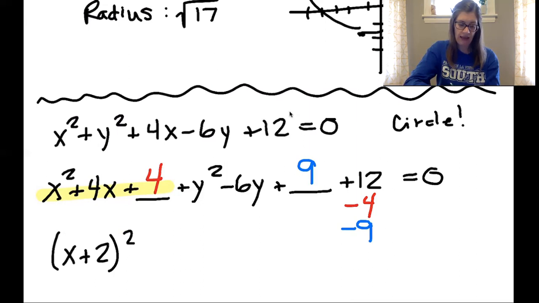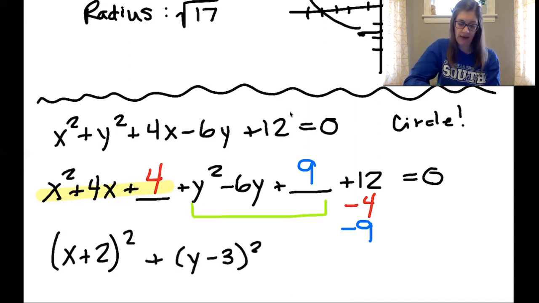And then the y squared minus 6y plus 9 will factor out to be y minus 3 times y minus 3, and I can write that as y minus 3 quantity squared. And then I kept the balance by subtracting those numbers that I added for completing the square. So 12 minus 4 minus 9 is going to give me a minus 1, and that equals 0.